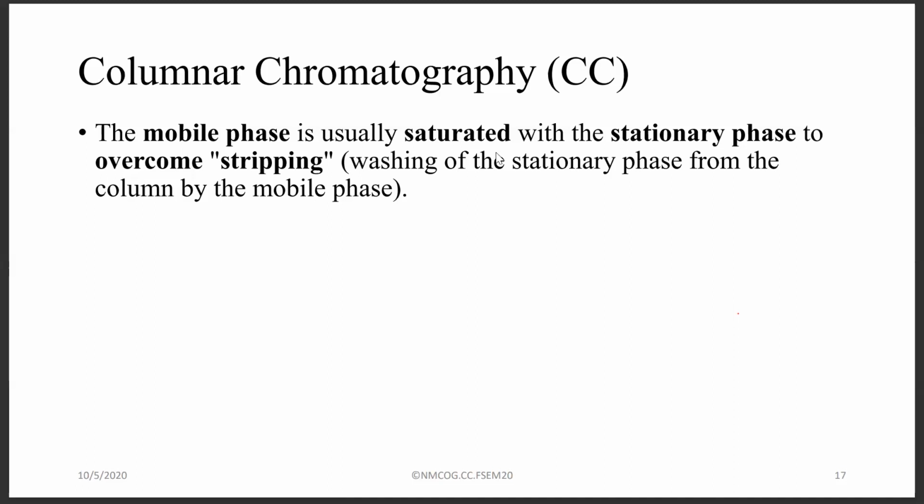You have your column, and the stationary phase is held in the column, so there are chances that the stationary phase can be washed away if the pressure is very high at different moments. And depending on the type of chromatography, the pressures are usually high, and sometimes very, very high.